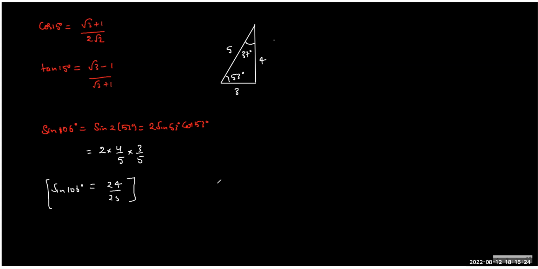So let's derive something more. From the double angle, we have derived sine 2a as 2 sine a cos a.